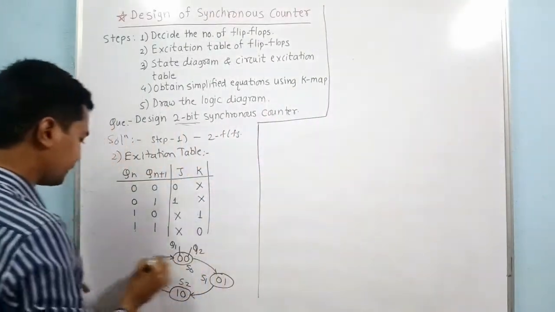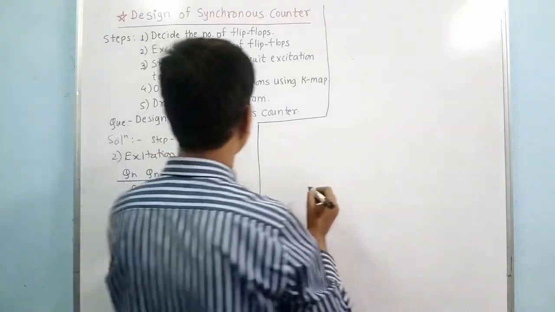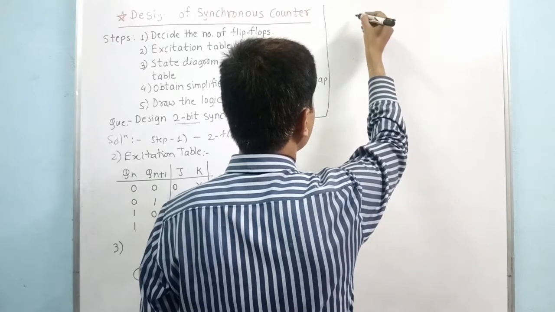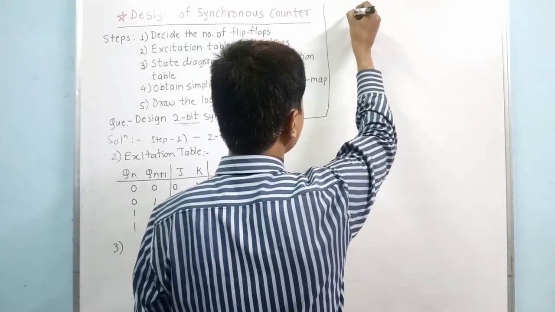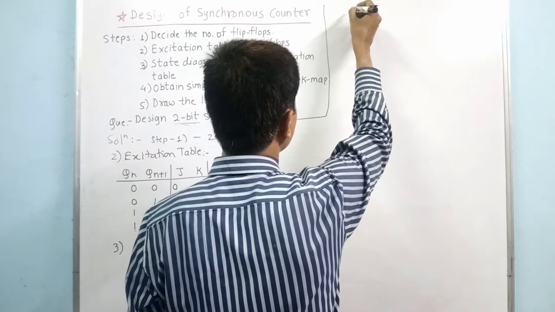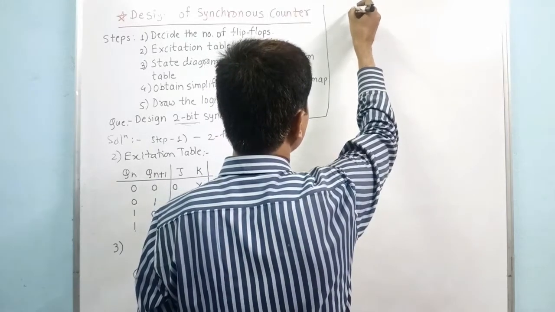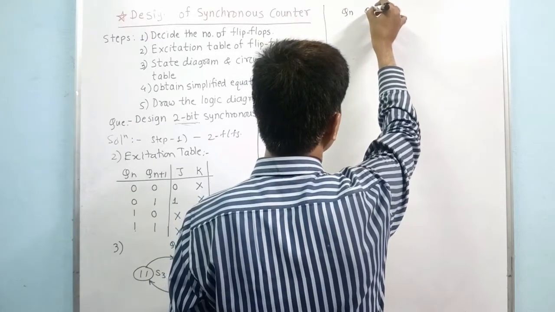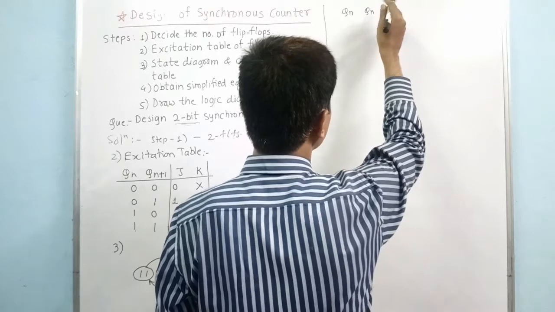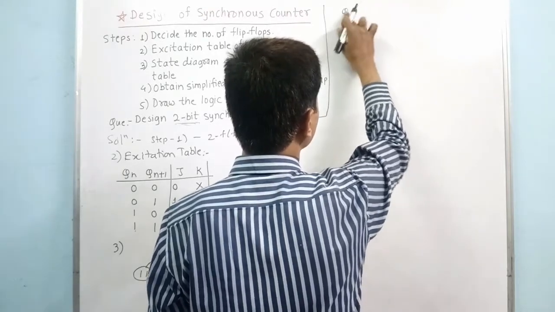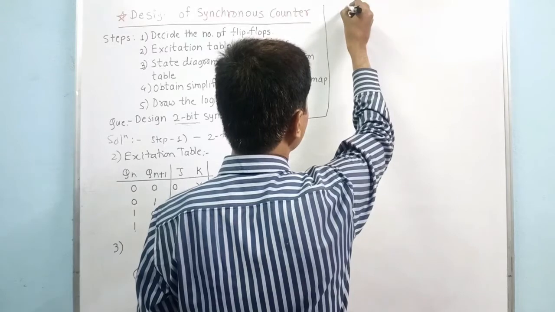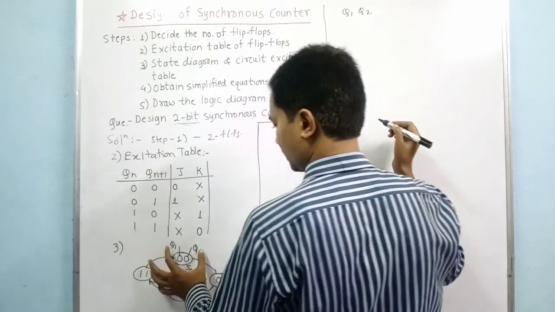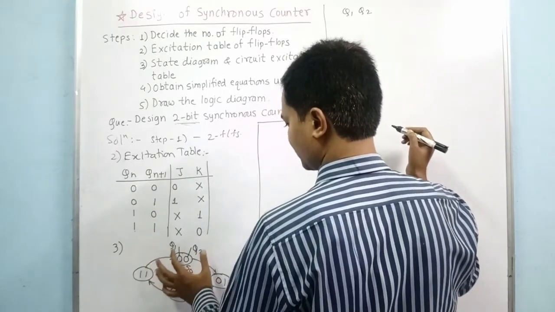This is the third step, state diagram and circuit excitation table. So the circuit excitation table will have the first input, Q1 Q2. So we are just writing here Q1 and Q2, by taking these references Q1 and Q2.